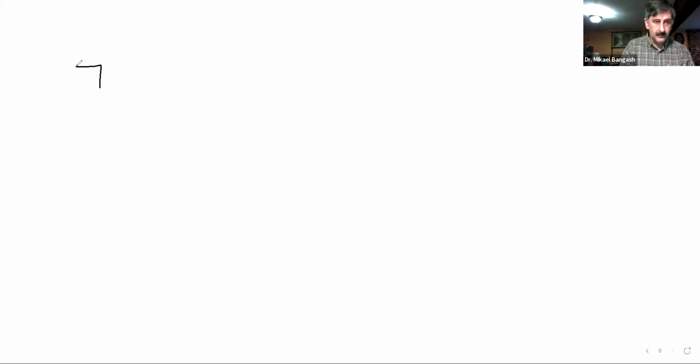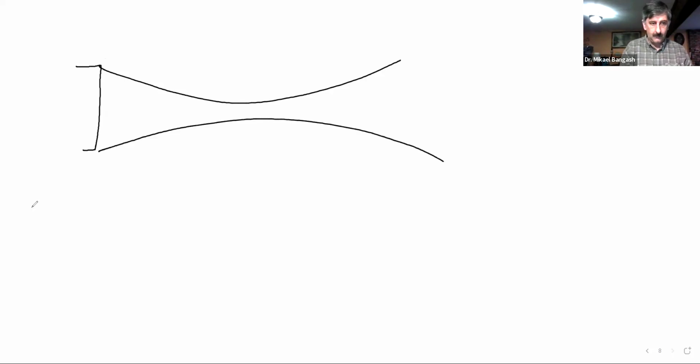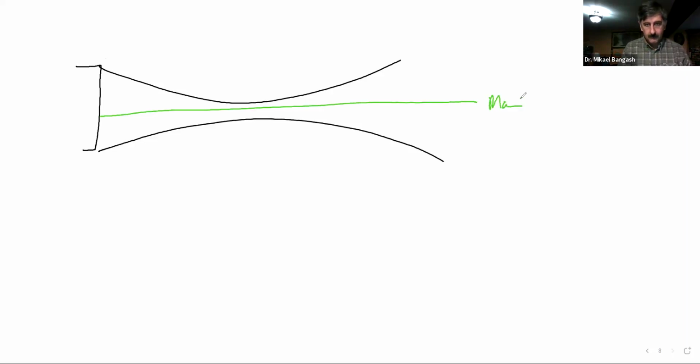Just look at it in this way. This was our beam. We can say this here was the beam's main axis.